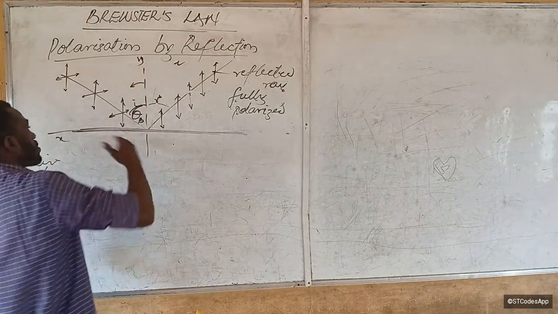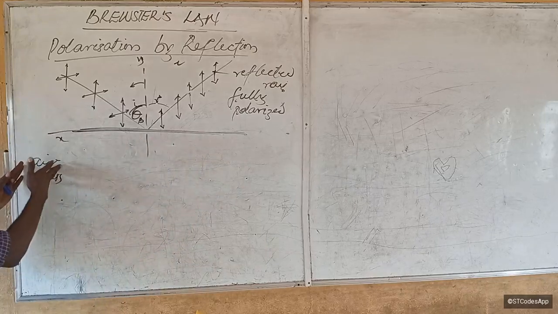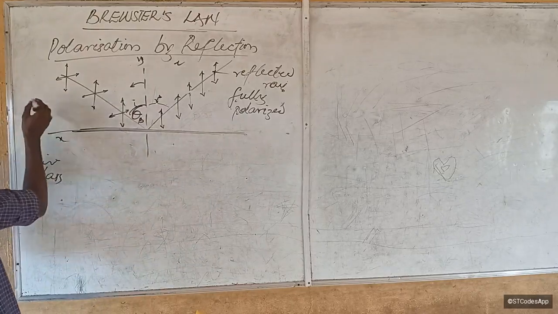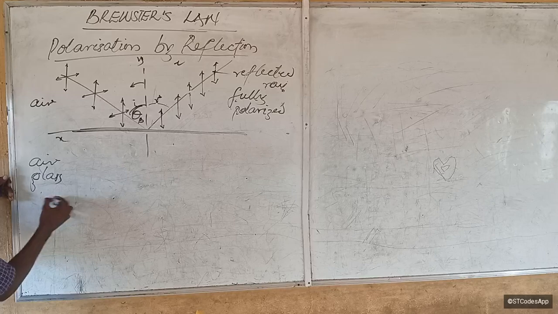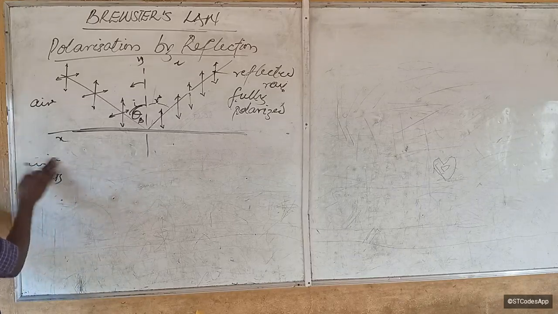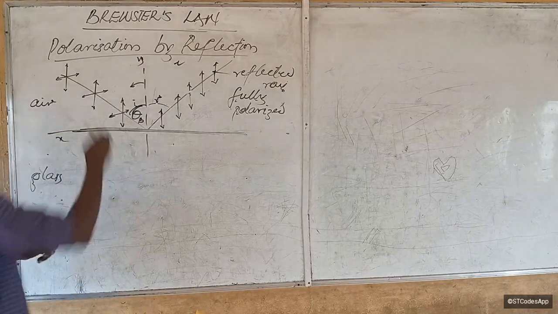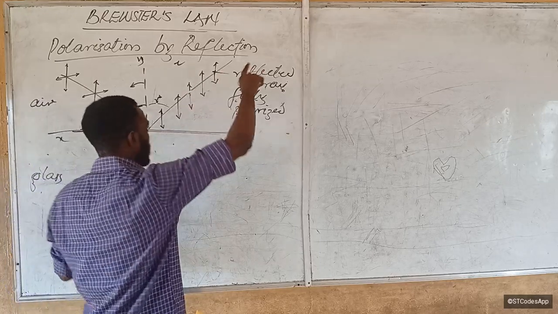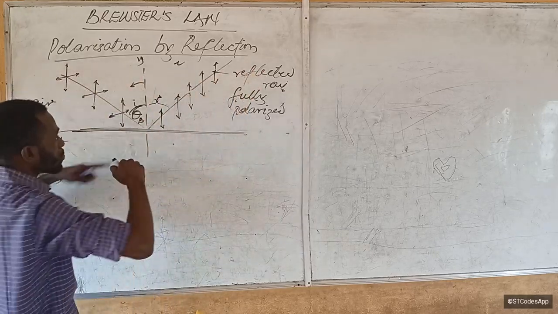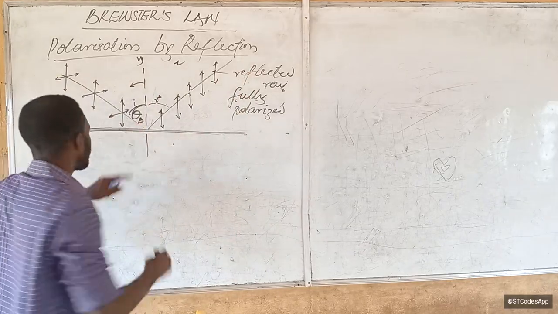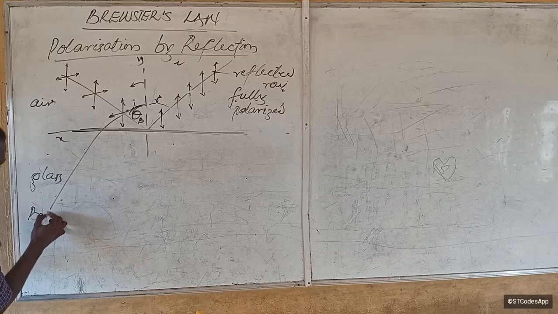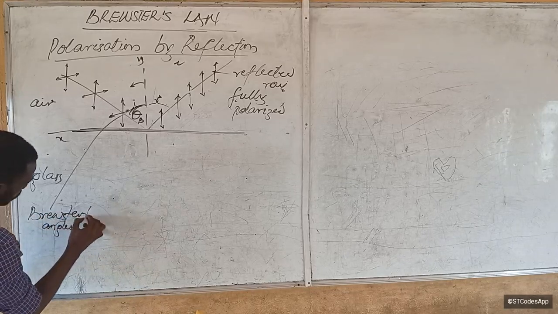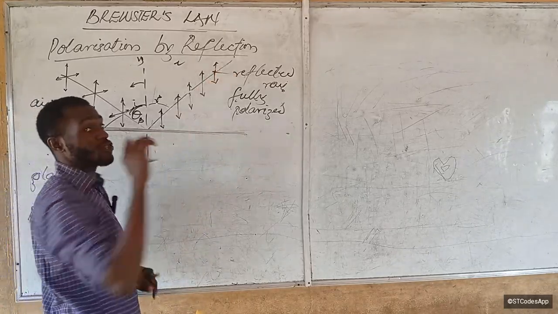So you also know that since this surface can refract, that is, it can make the light pass from this medium to another medium, let's call this air, and let's call this second one water or glass. So this place is glass, this place is air. So the light that is coming here, some of it will be reflected, and of course by reflection, once we get to that angle, Brewster's angle, as I called it, there's going to be full polarization of the wave.